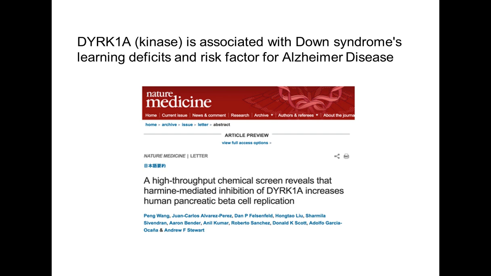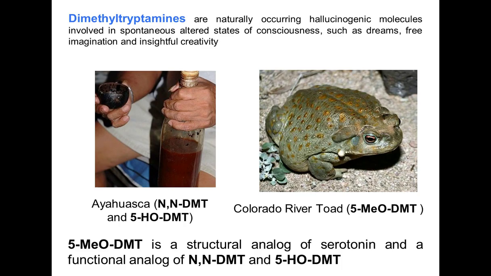What was interesting for us, because of this result, is the fact that DYRK1A, this kinase, is also associated with Down syndrome and is also considered a risk factor for Alzheimer's disease. Moreover, it was published recently that DYRK1A increases the proliferation of human pancreatic beta cells. So we believe that there is very interesting biology in the study of harmine.